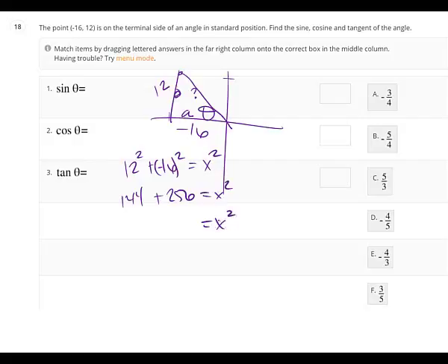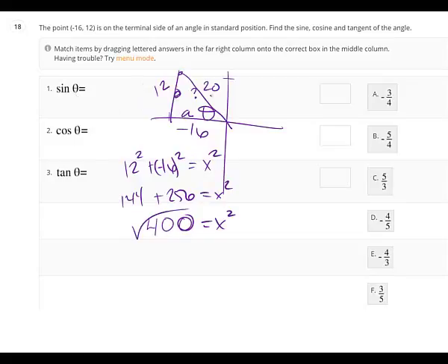What's 144 plus 256? 390. It ends in a 0. Is it 400? Yeah, 400. Okay, so what's the square root of 400? 20.